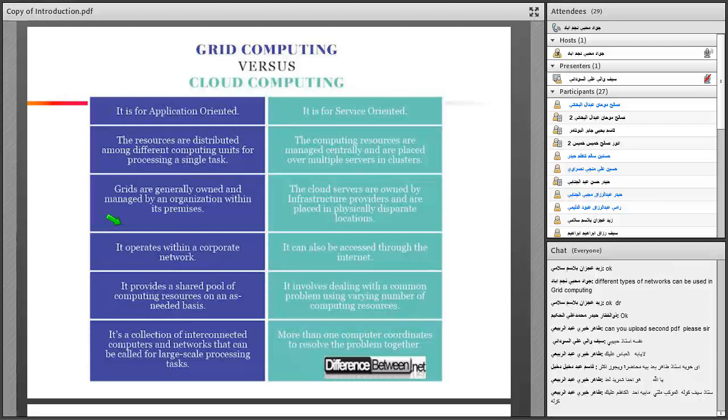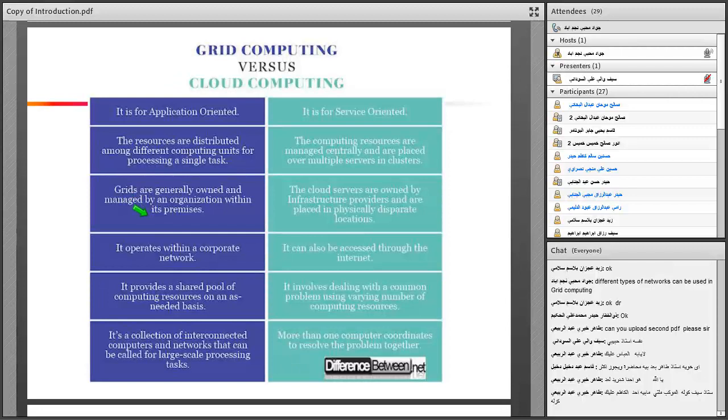Grids are generally owned and managed by an organization within its premises. Yes, it's costly, so it cannot be used by every user around the world.